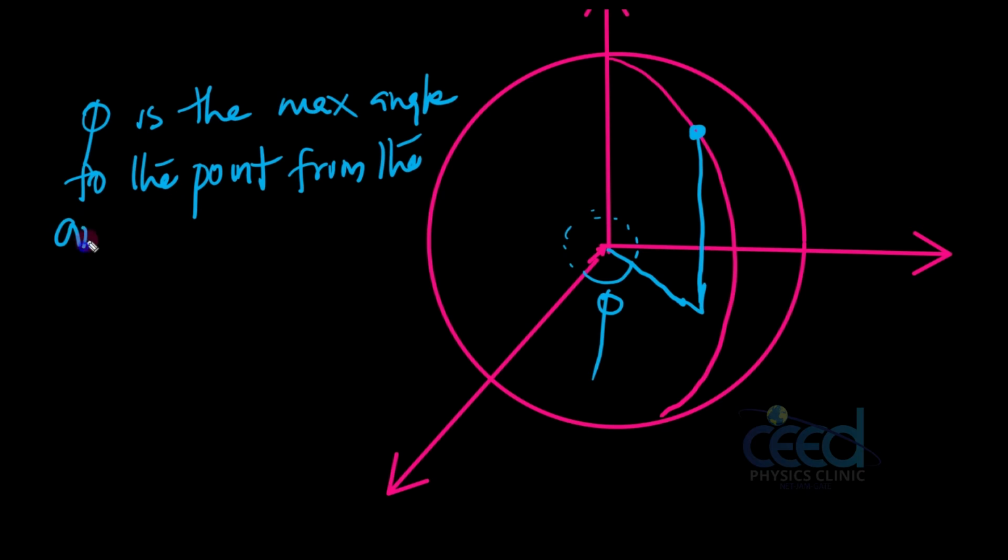The axis may vary as per your choice. So here you considered x, and here y, and z. Maximum angle means that we also have to include the anti-clockwise direction.